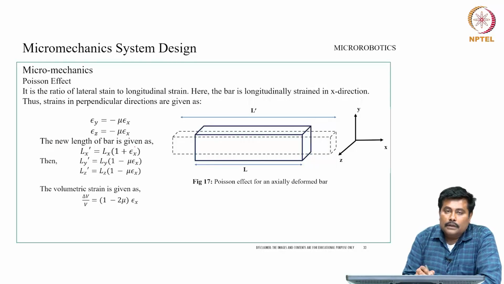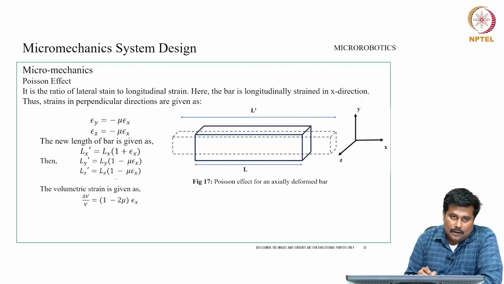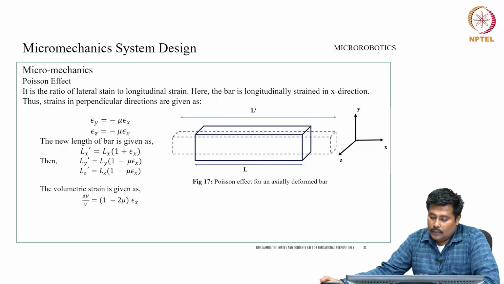So, the new lengths of the bar are given as Lx dash equals Lx into 1 plus epsilon x, then Ly dash equals Ly into 1 minus mu epsilon x, and Lz dash equals Lz into 1 minus mu epsilon x. So, the volumetric strain is given as delta V by V equals 1 minus 2 mu epsilon x.